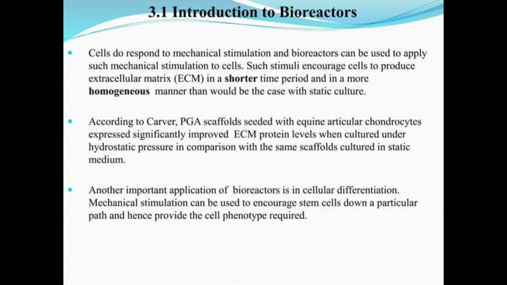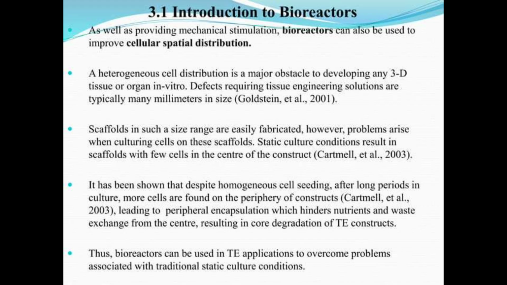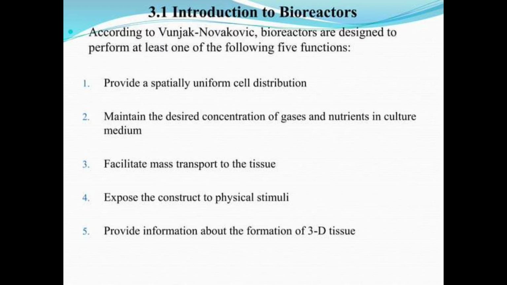Various types of bioreactors are available for the production of the culture and the use of the cells. So it provides cellular spatial distribution. The scaffold sizes range widely and can be easily fabricated during this process in the bioreactors.